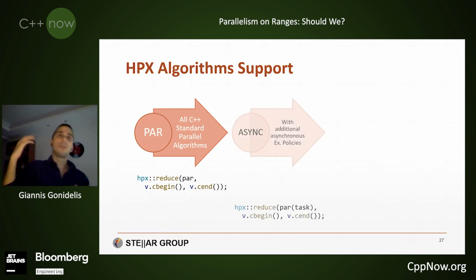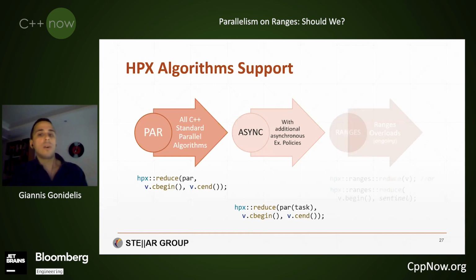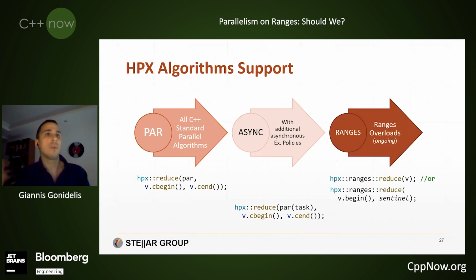Now, you can also run it asynchronously, a thing you can't do in standard C++20. And you are also enabled with the ranges overloads that got recently introduced. So let me be explicit about this. When ranges got partially introduced, it allowed us, for those who don't know, to compose our data structures more nicely, but it also gave us certain ranges algorithms because we needed standard APIs to run things.